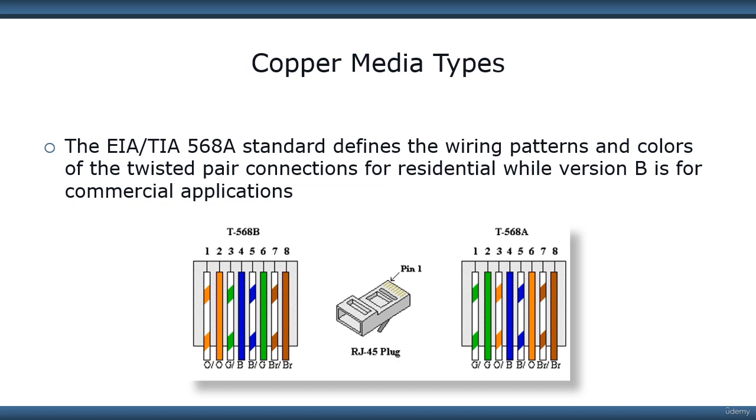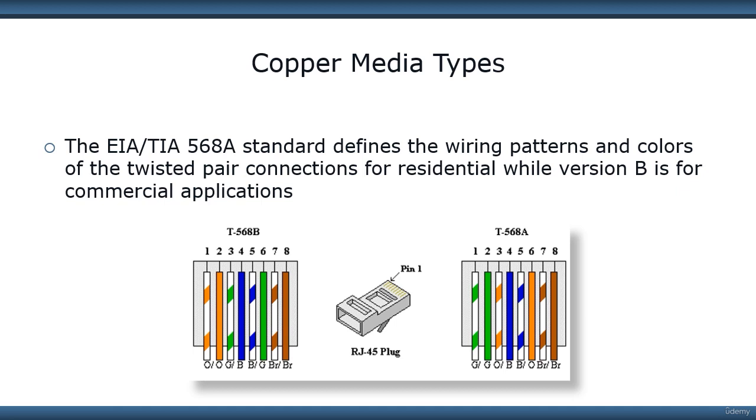There's a standard for wiring or creating cables called the EIA-TIA 568A standard. It defines the wiring patterns and the colors for twisted pair connections for residential. Version B is used for commercial applications. Now, that's really not that important. I mean, it doesn't mean one has to be used versus another.